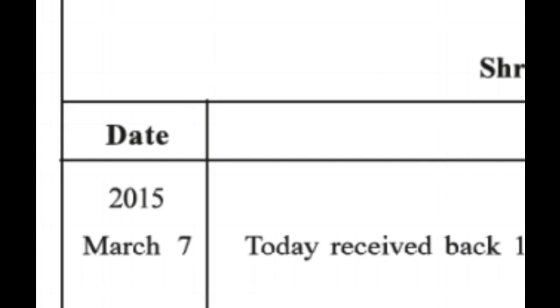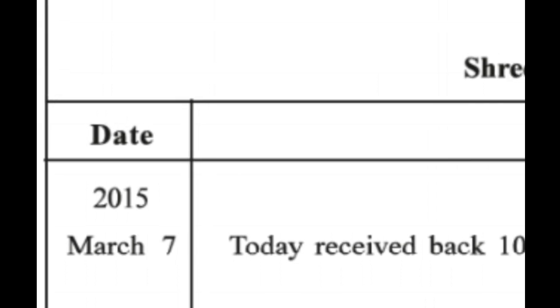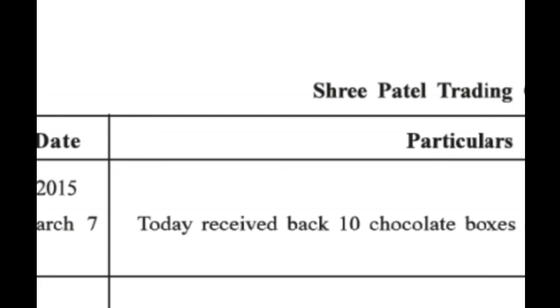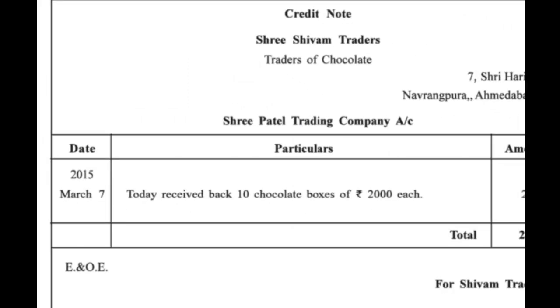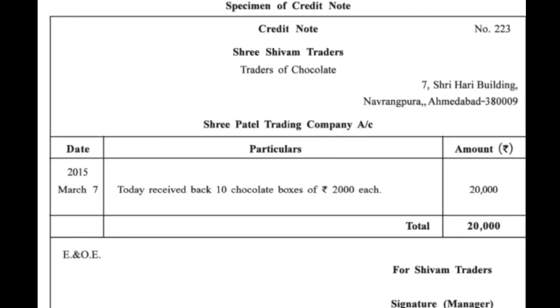Then full particulars of goods returned, that is, what we have received. If we are Sri Patel Trading Company, we have received back 10 boxes of chocolate worth rupees 2000 each. This is the particular which we send to Shivam Traders. We are sending it back to them.